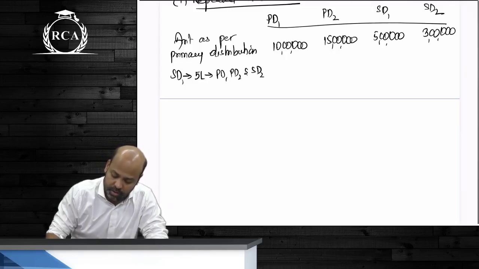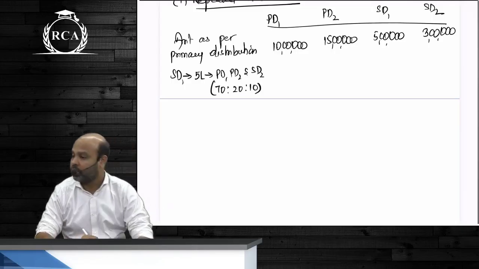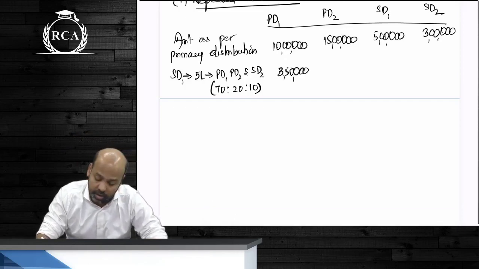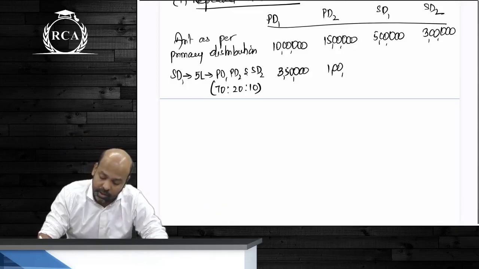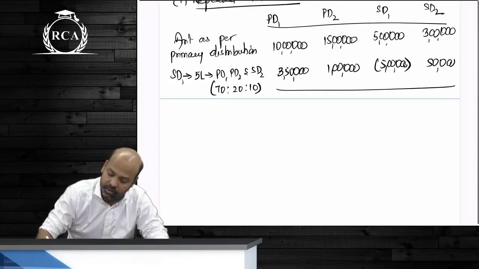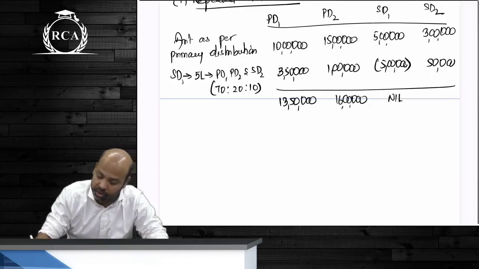What ratio beta? 70, 20 and 10. When you do that, guys, ये first step तो बेटा वही रहेगा, नॉन रेसिप्रोकल रहने दो या ये रहने दो, आंसर चेंज नहीं होने वाला है. 3 लाख 50, guys, 1 लाख and ये 5 लाख माइनस करूंगा बेटा, कितना हो जाएगा लास्ट वाले में? 50,000. Once we add this, 13 lakh 50, 16 lakhs शून्य and 3 lakh 50,000.